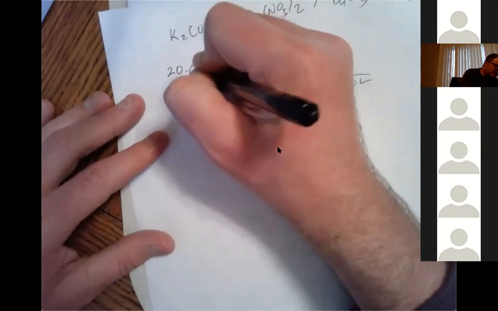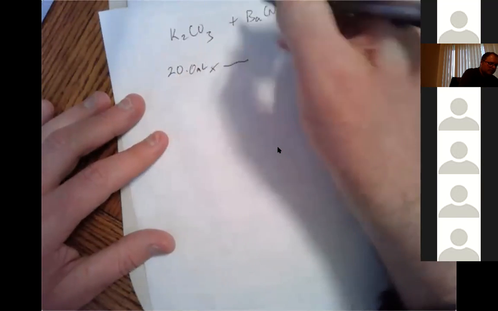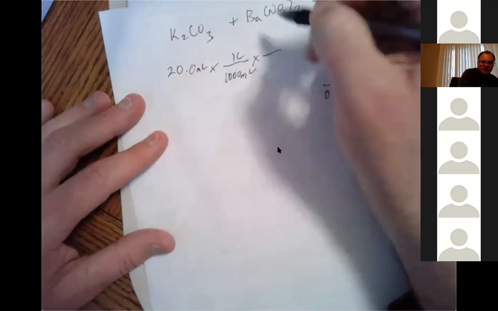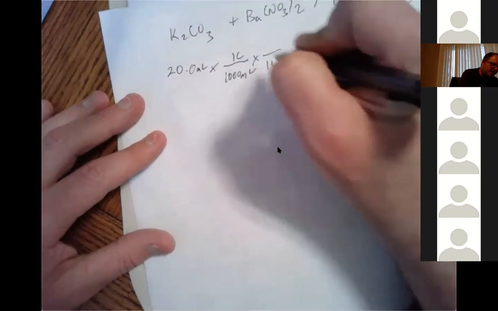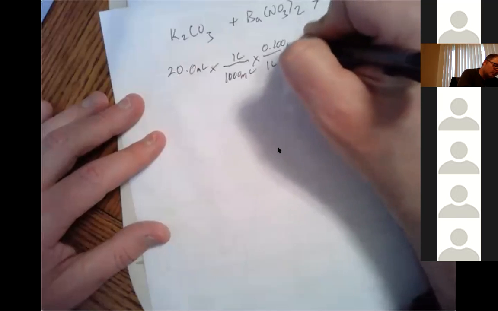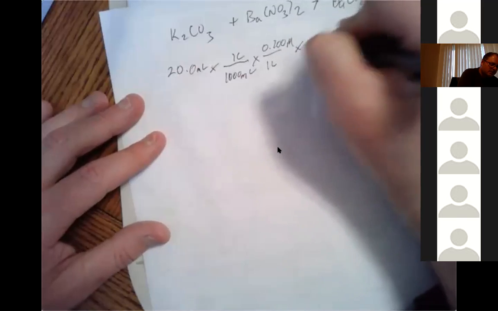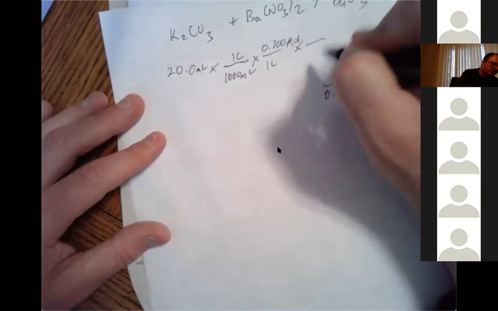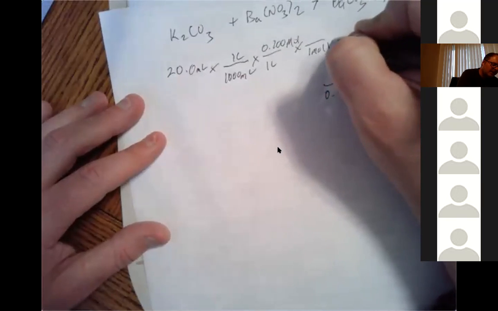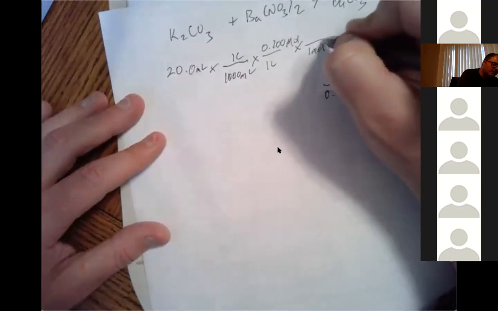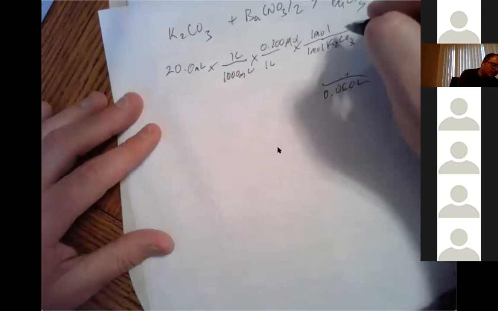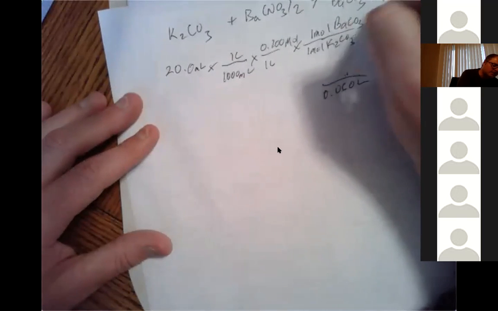20.0 milliliter. Every 1,000 milliliters is 1 liter. For this, every 1 liter has 0.200 moles, and every 1 mole of K2CO3 reacts with, or forms, 1 mole of barium carbonate.